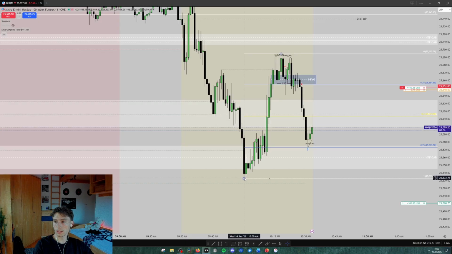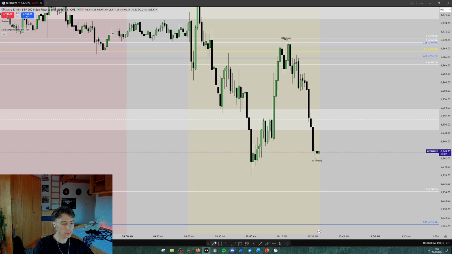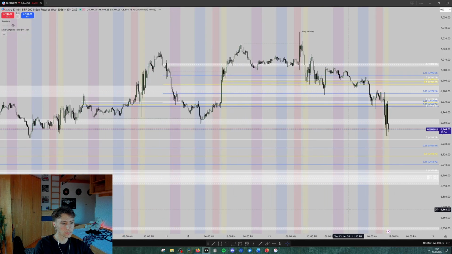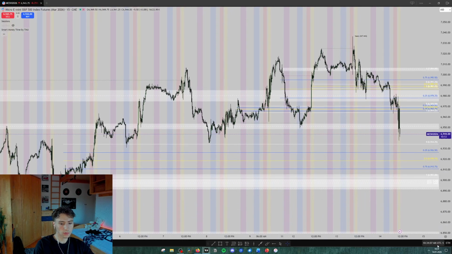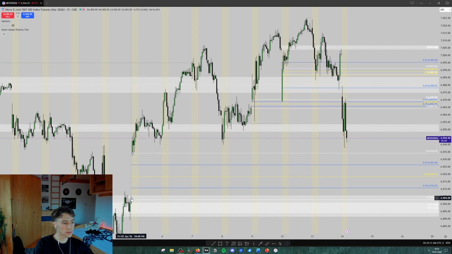So ES is already near the sell side liquidity right here, as you can see. There we also can reach for the still unbalanced and untraded.